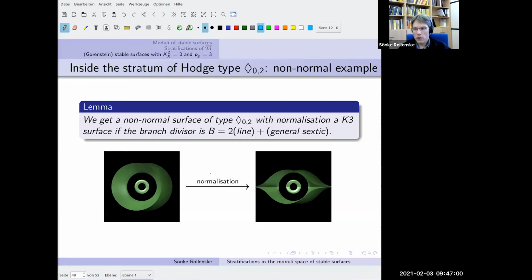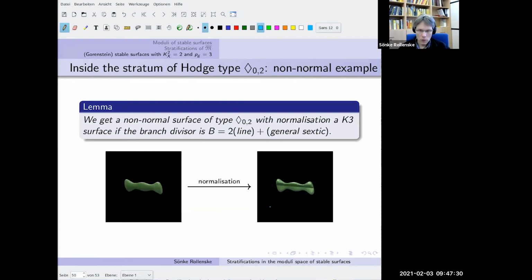The general sextic, the normalization, will give you the K3 surface, and then twice the line will give you the non-normal locus, which is generically normal crossing, but then has these pinch points where the line intersects the sextic. So it has 6 pinch points, and the rest is normal crossing. Here in the first picture, you can see the 6 pinch points. In the second picture, you just see 2 of them.